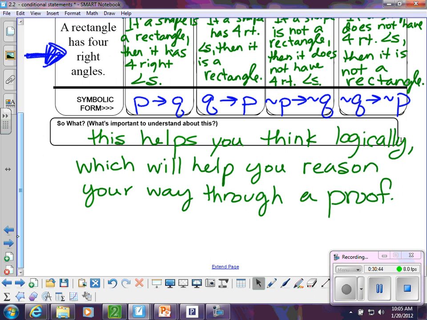So the reason why I made you do it is because this helps you start thinking logically, which will then help you reason through a proof, okay? So this is really valuable, all right? Everybody got it written down?